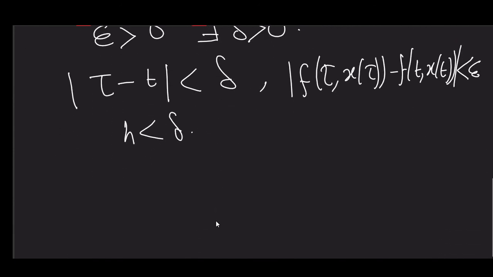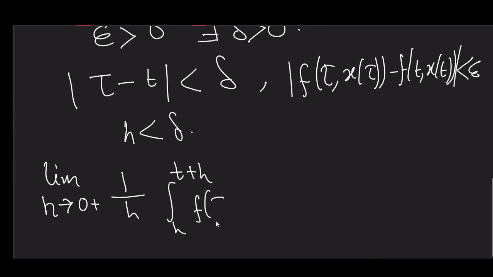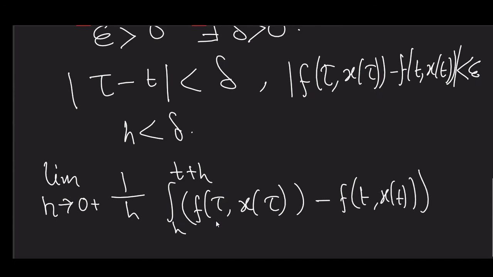Agreed? So what we can see is that if we allow that limit superior, limit h tends to 0 plus, we'll get 1 by h integral from t to t plus h of f of tau comma x tau minus f of t comma xt d tau is equal to 0.